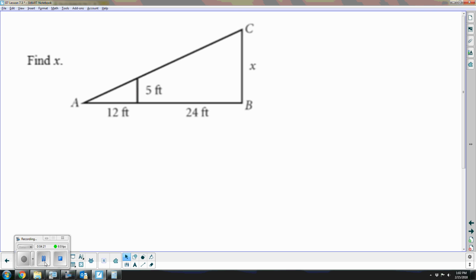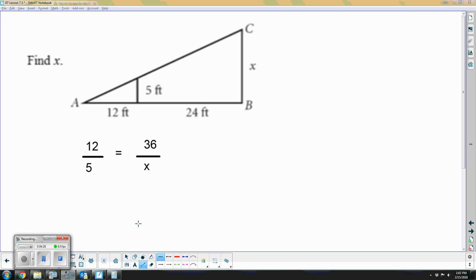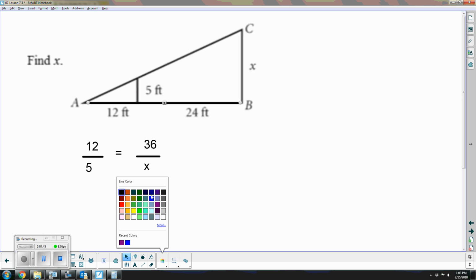Okay, so I'm going to set up the two possibilities that you can use for proportions. The first one, if you're using the sides within the triangle, you have 12 to 5, and that proportion is going to be equal to this whole side, which is 12 plus 24, which is 36.